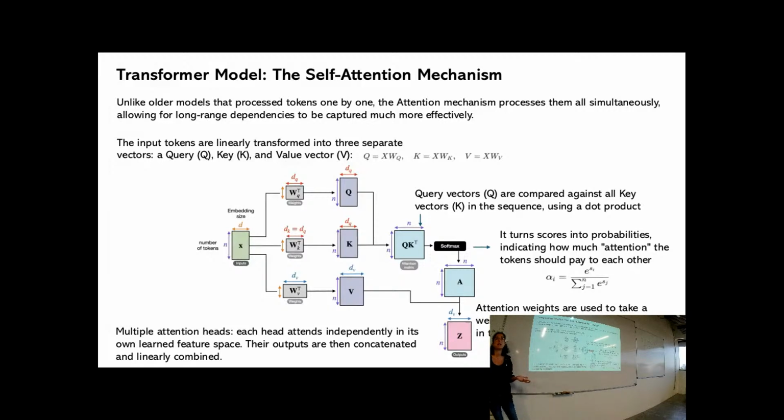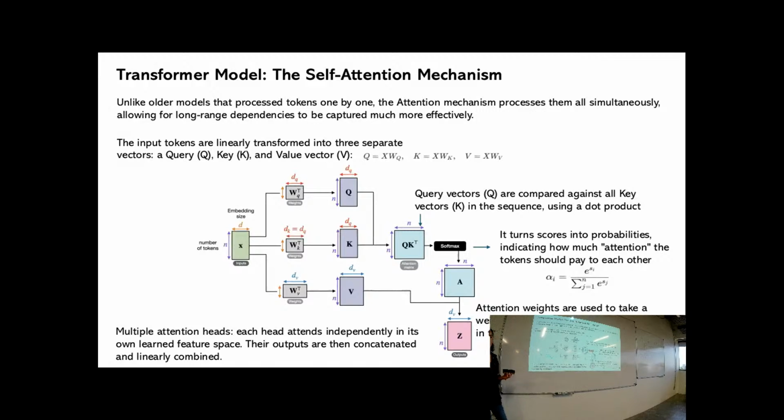So you have some flexibility to learn different types of correlations within the token. This is very helpful. So in the end, dv equals d divided by the number of heads. Why? Because then you take each head that you process independently, you concatenate and take a linear combination. So in the end, the dimension will be d. Okay?